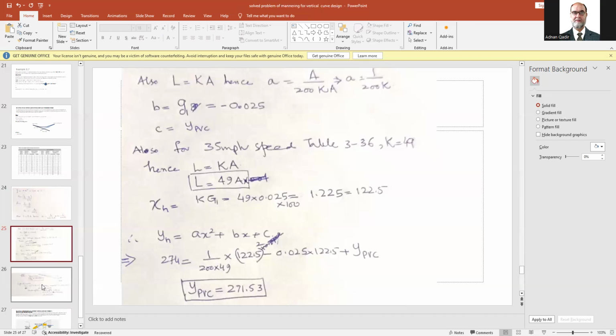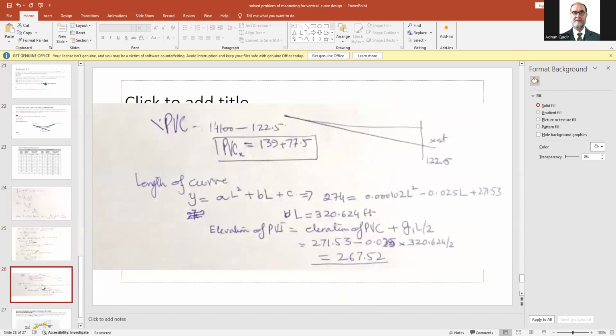Then what we are going to do next is, we know that PVC, since X is known to you, is simply 122.5 feet away. The station is 14100, and it is 122.5 feet from the start of the curve.